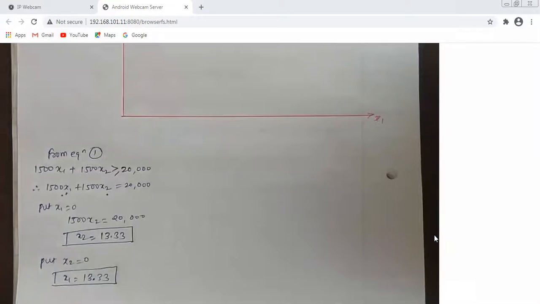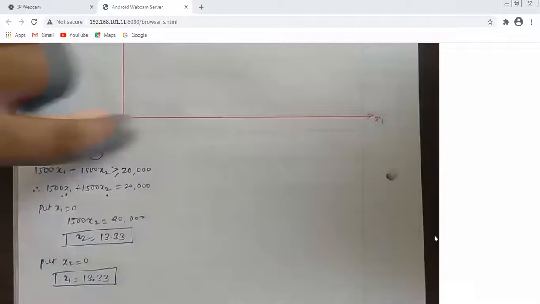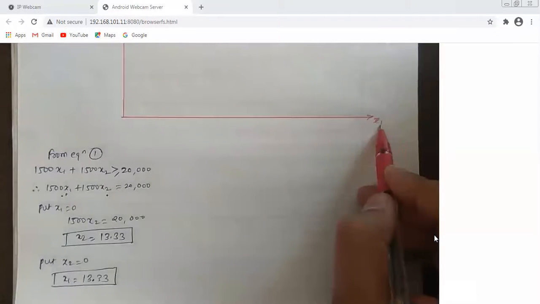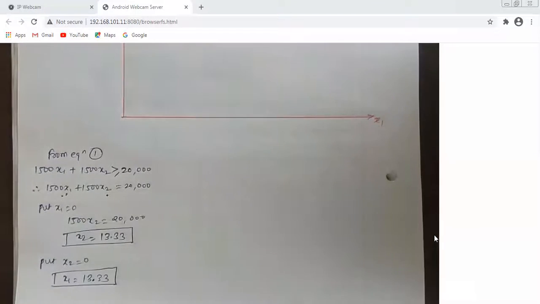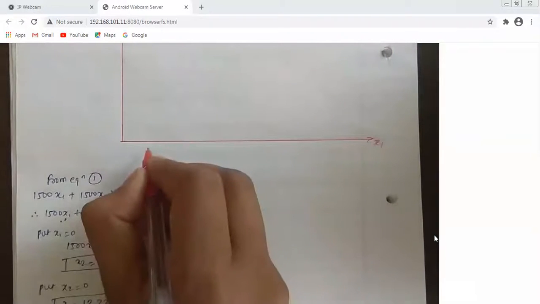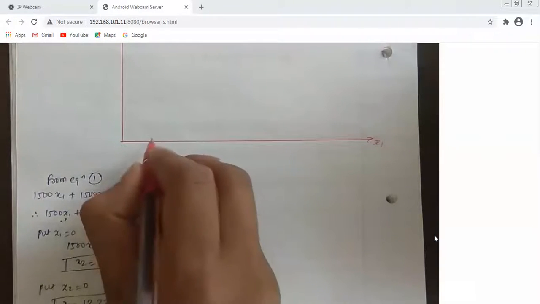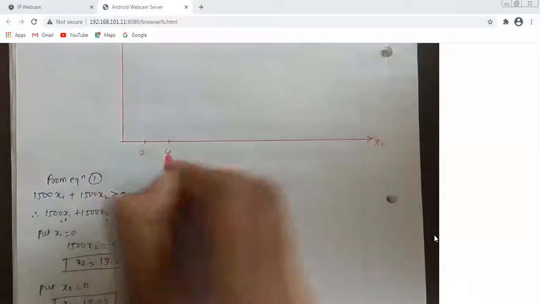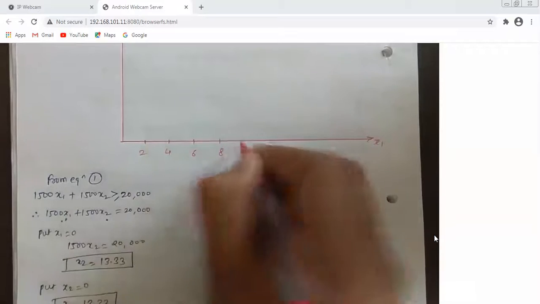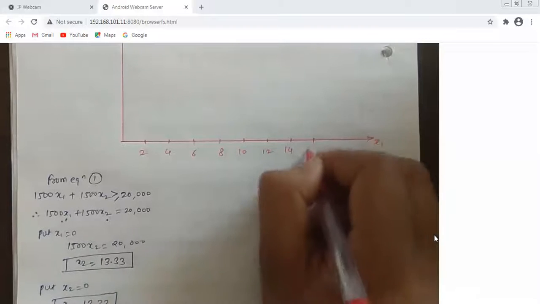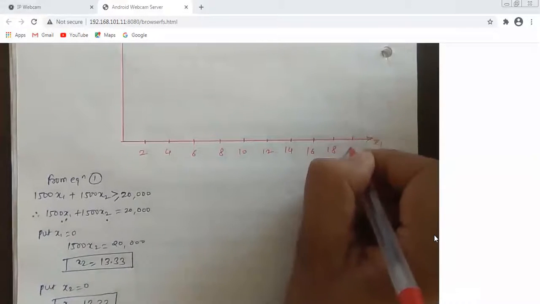Now what do we have to do? We have to plot x1 and x2 on the x scale and on the y scale, because x1 we have plotted against the x coordinate and x2 is plotted against the y coordinate. Okay. So first of all, we have to take the values here. So I will take the values like 2, 4, 6, 8, 10, 12, 14, 16, 18, 20.